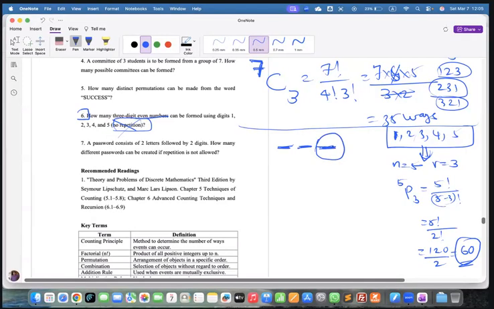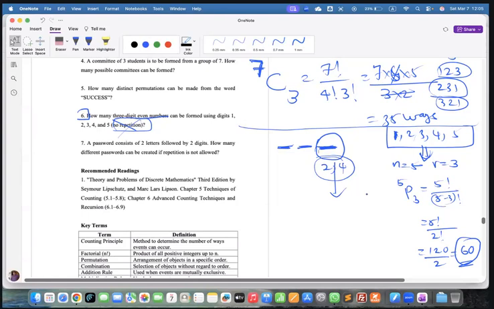Now tell me, what are the possible numbers for the last digit? 2 and 4. So if you want to make an even number, only here we have two numbers, 2 and 4, right? So how many possibilities can we make here?